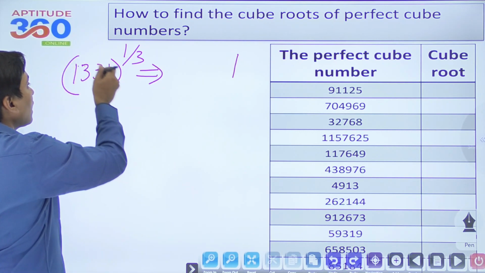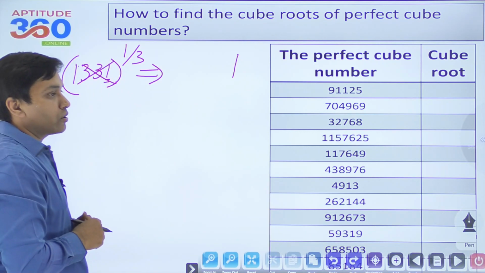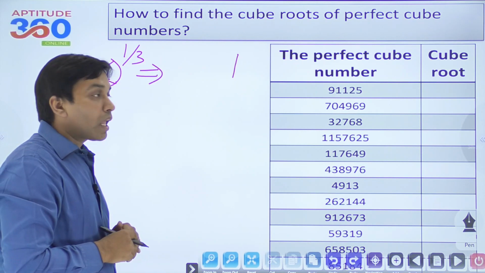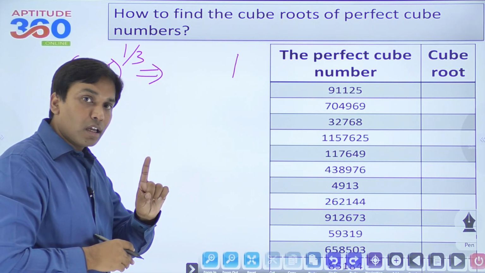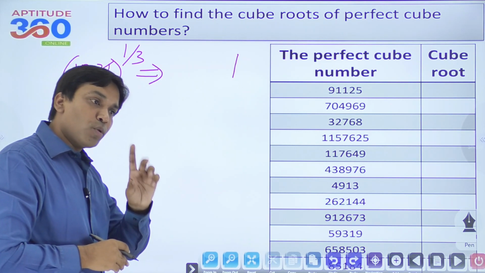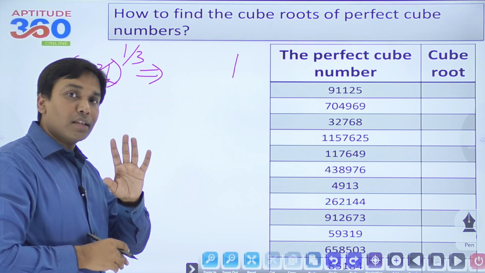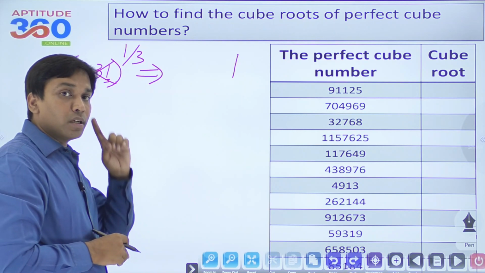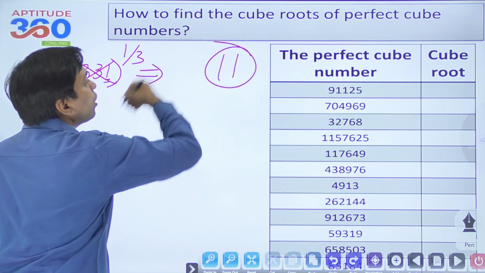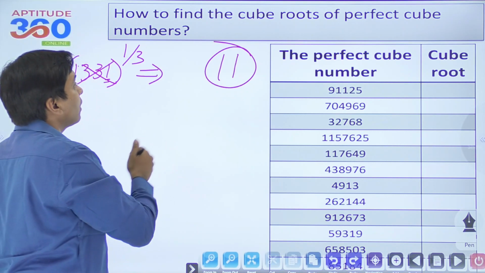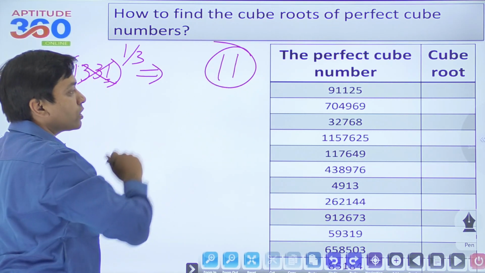Then I will discard the last 3 digits. And then what is that we are left with? We are left with only 1. And what is a number which is either equal to or less than, and it has to be a perfect cube number? It is 1, nothing else. So this is going to be the cube of 11. Is that okay?